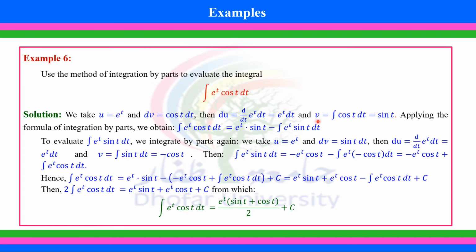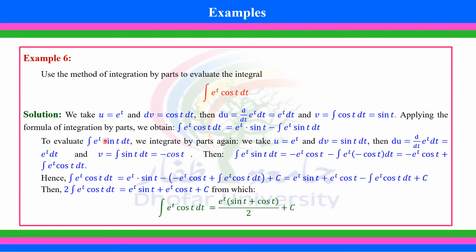Unfortunately, the integral we obtain here on the right hand side has the same level of difficulty as the original problem. So we cannot evaluate this integral directly unless we use the method of integration by parts again. So we try to use integration by parts again to evaluate this integral.